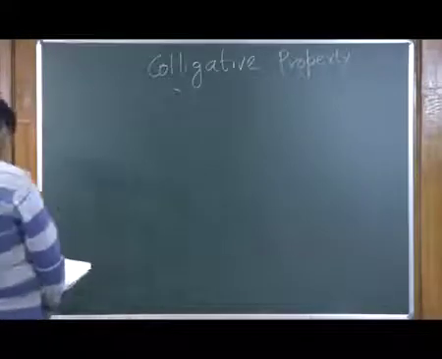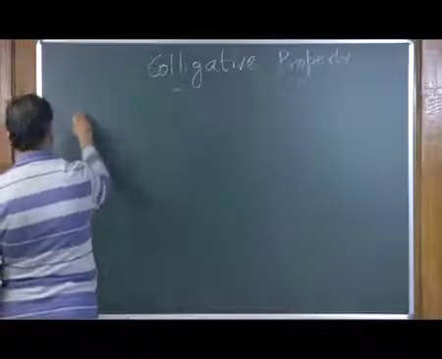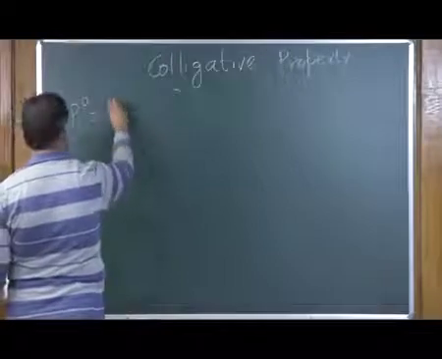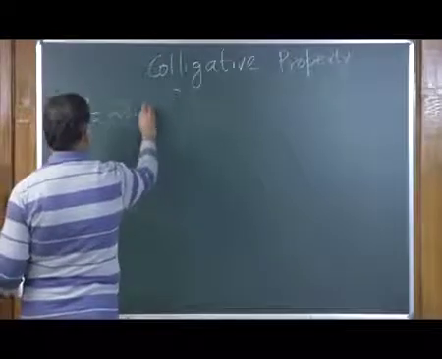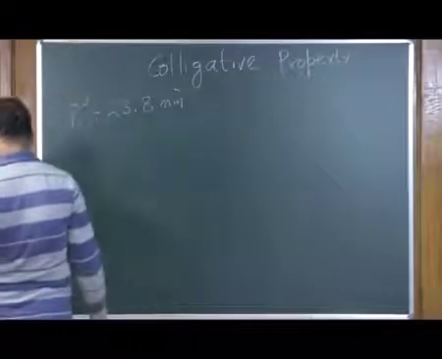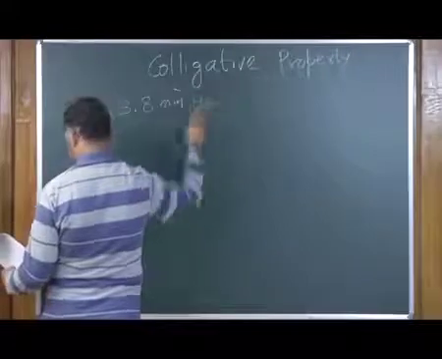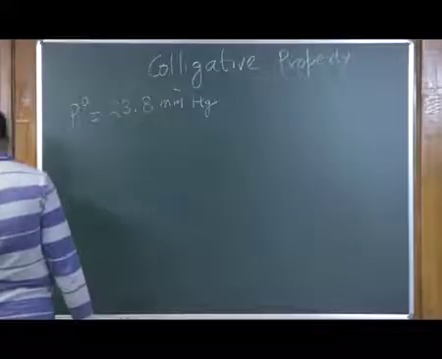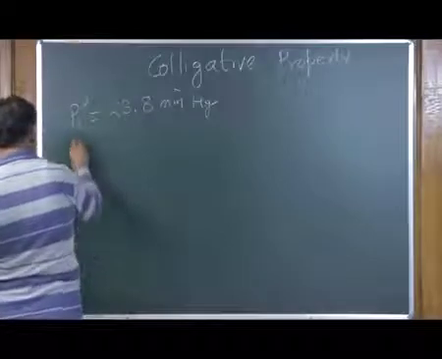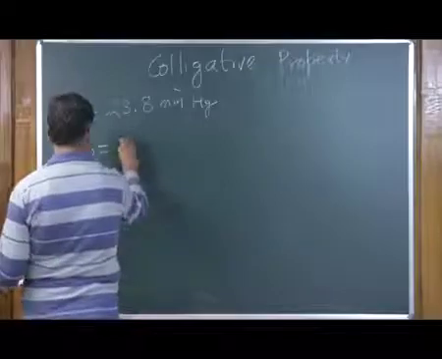So, we are given vapor pressure of pure water, P1 naught, which is 23.8 millimeter Hg. 50 gram of urea is dissolved. So, the solute is urea.